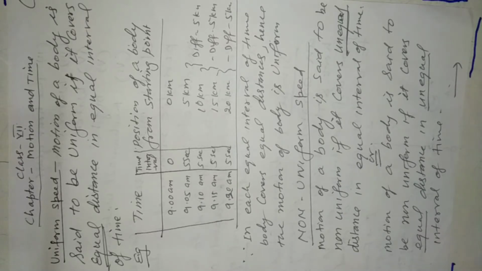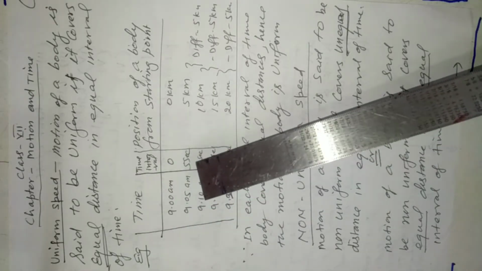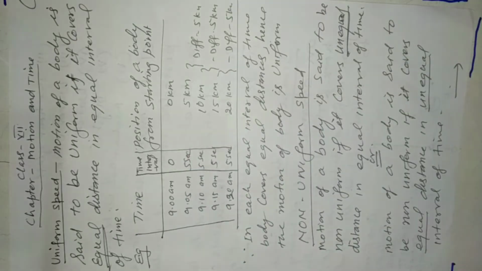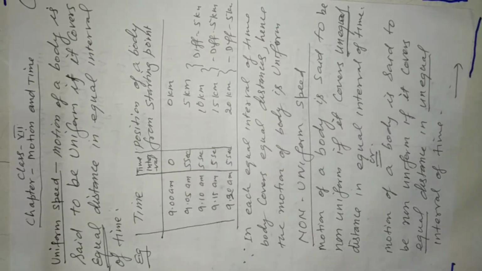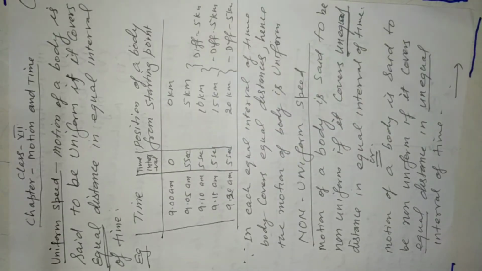Here I have taken some examples: time interval, and position of a body from the starting point. Here you can see the time. Here time is 9 a.m. At that time it is the reference time, therefore the time interval is here 0, and the motion is considered after 5 seconds, and therefore the starting point is here 0.